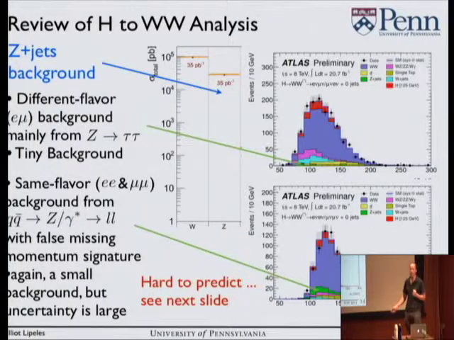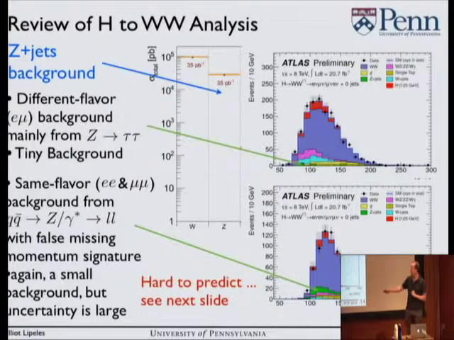In the E mu category, I don't get Z to EE or Z to mu mu as a background, but I instead get Z to tau tau, where 1 tau goes to E and 1 tau goes to mu. And there, if I make a reasonably smart cut about the size and direction of the missing energy signature, I can get rid of the background almost entirely. So this guy's pretty robust. It's not a big problem.